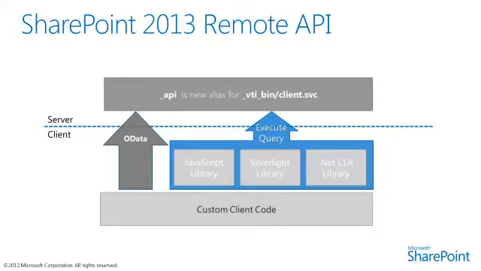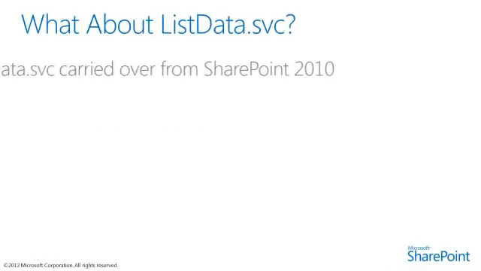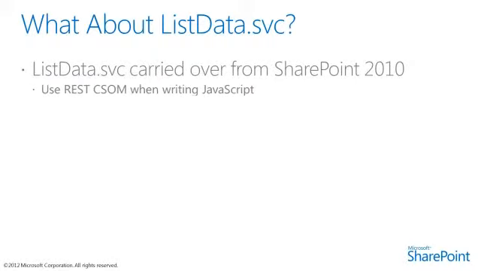Code which uses the client-side object model in SharePoint 2010 should migrate to SharePoint 2013 without any problems. However, when migrating to SharePoint 2013, there is quite a bit of SharePoint server functionality that was not available in the previous version. In SharePoint 2010, the product provided OData support through the web server entry point ListData.svc.